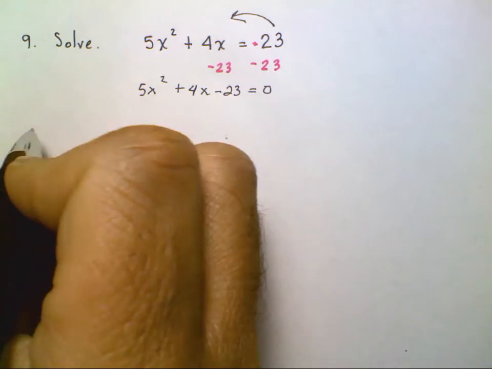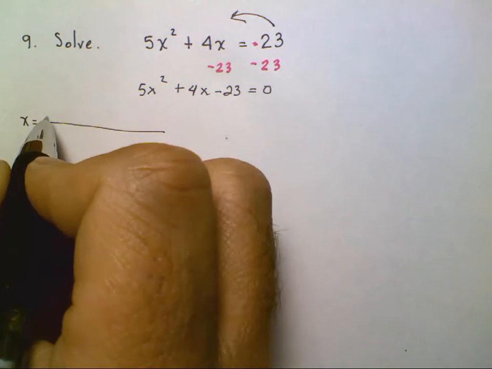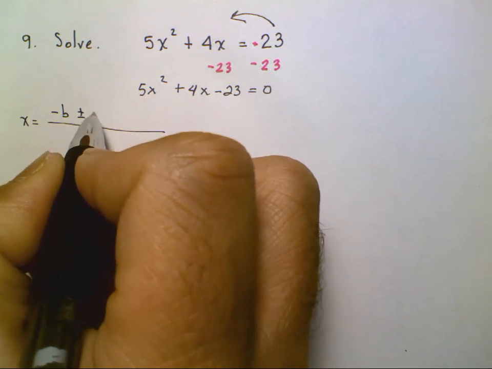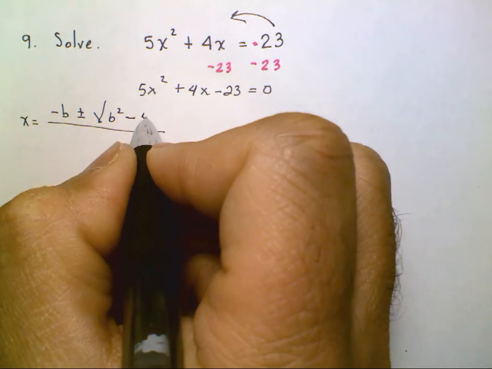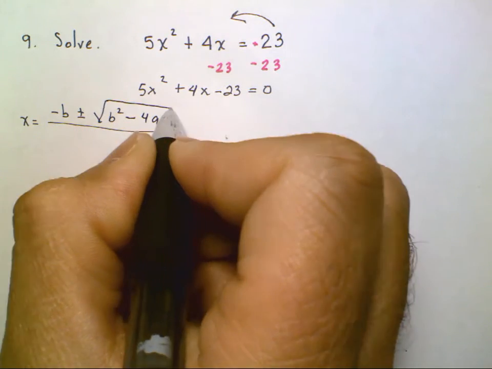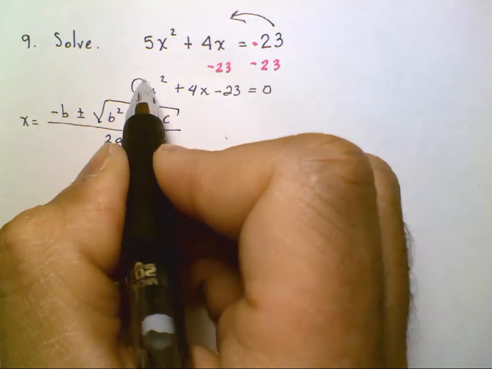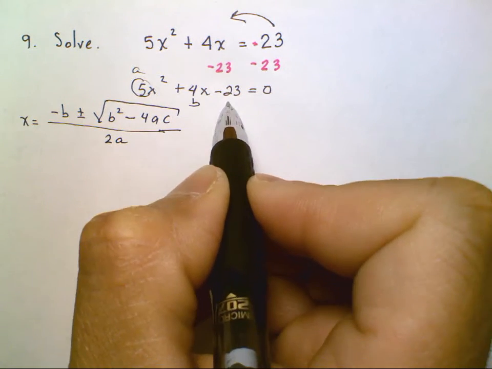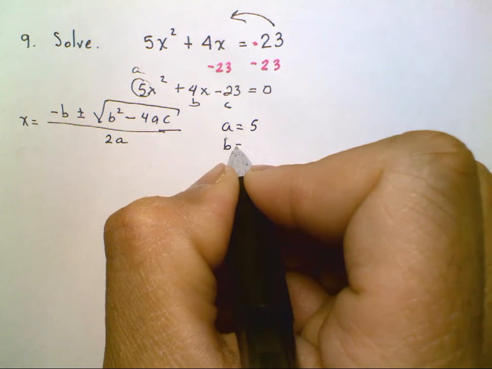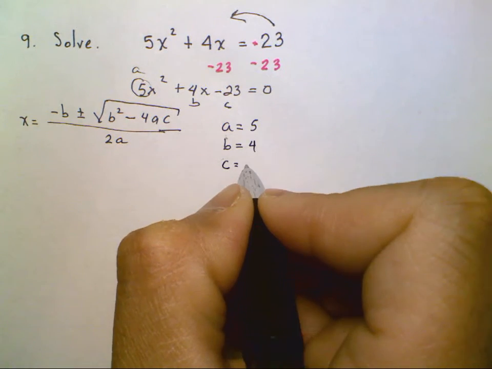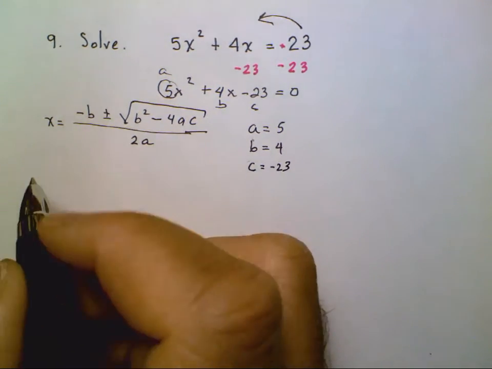So I have that x is equal to negative b plus minus the square root of b squared minus 4ac over 2a. In this case, your values of a, b, and c: a is equal to 5, b is equal to 4, and c is equal to negative 23. So we're going to plug in those numbers in the quadratic formula.